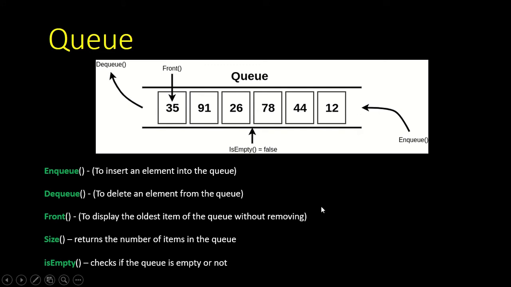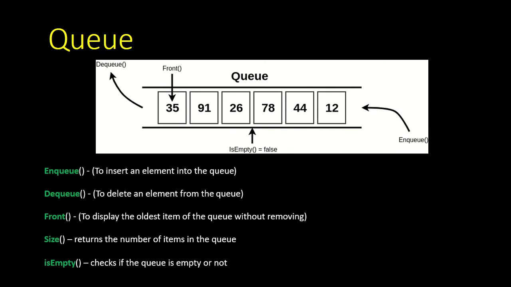Then we have dequeue, which is to delete an element from the queue. So dequeue deletes an element at the front. So it is right here. And front, which is to display the oldest item of the queue without removing. So it just shows you what the front item is.